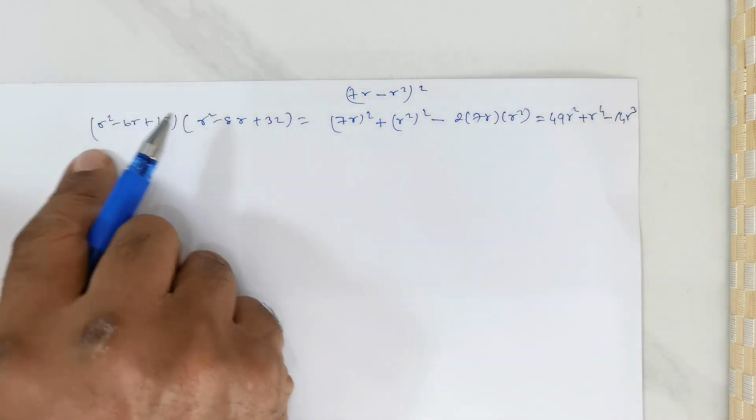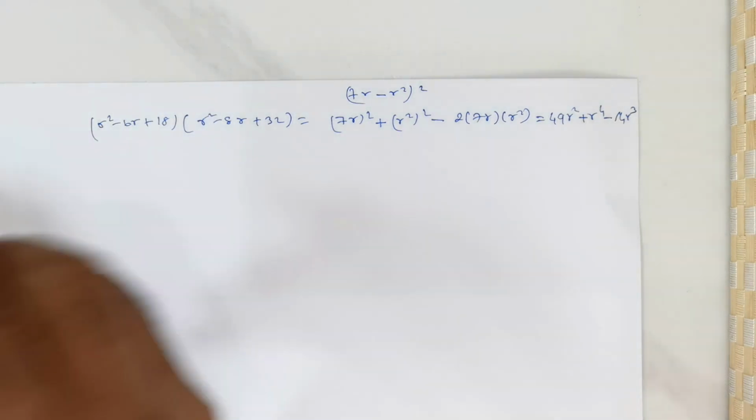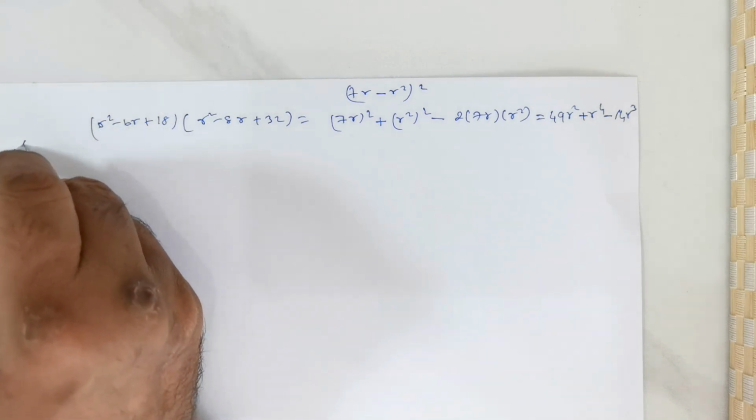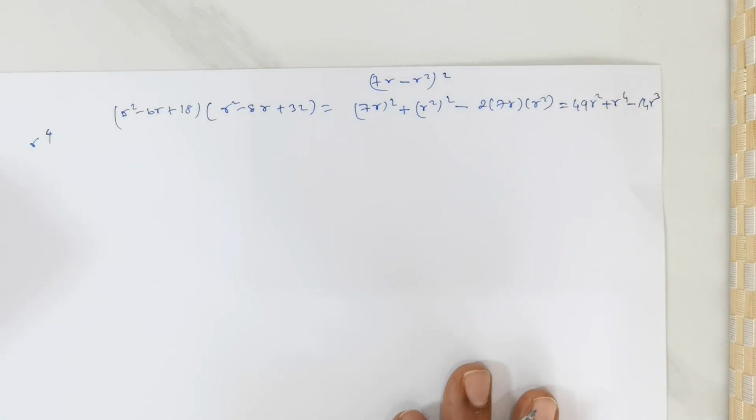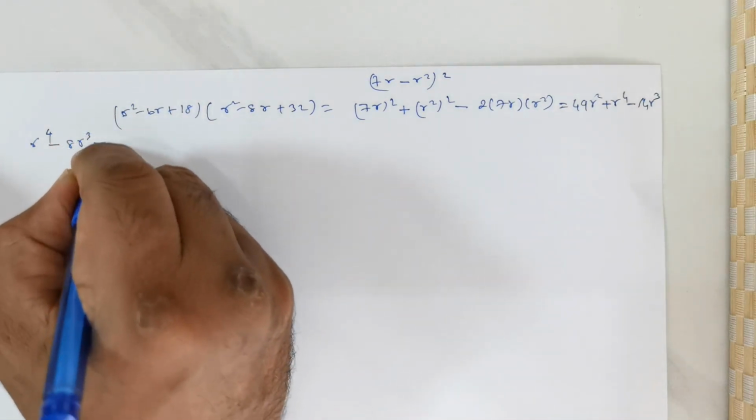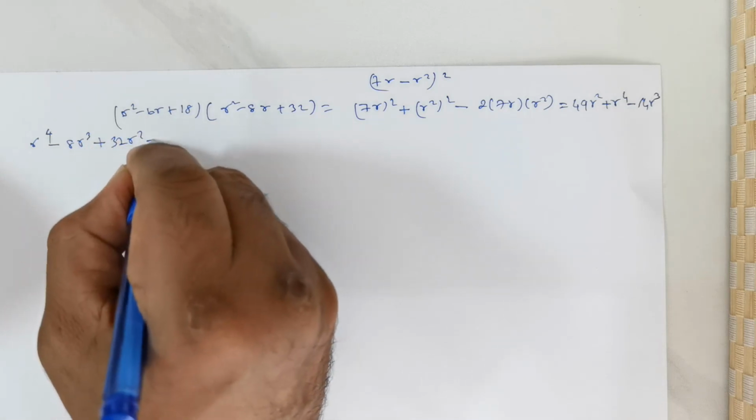So if you expand this, we need to multiply both the sides. So r into r squared, in other words r squared into r squared, that is r to the power of 4, negative 8 times r cubed positive 32r squared.